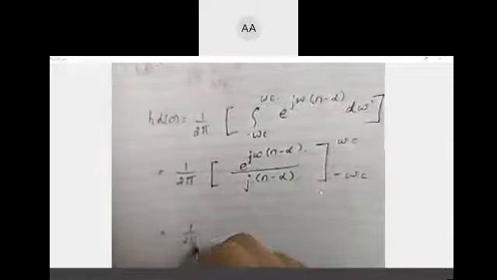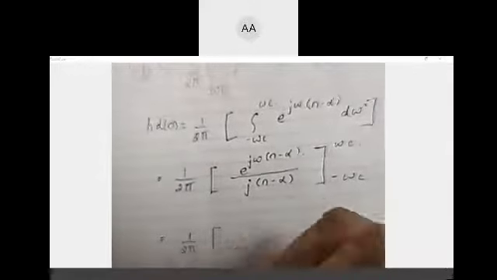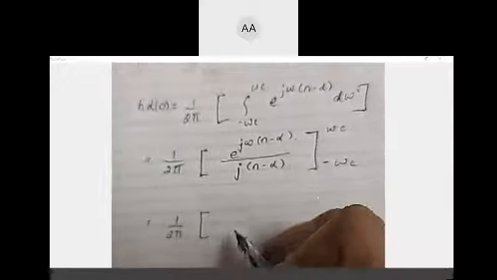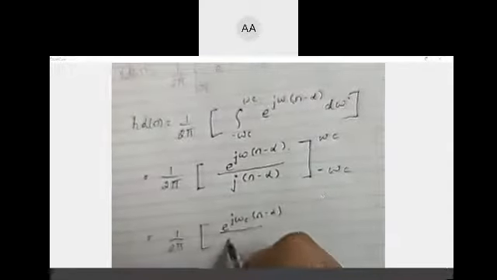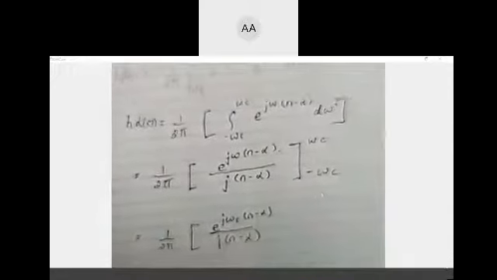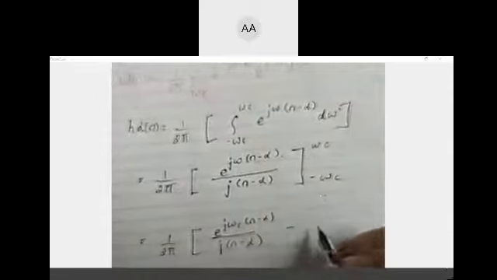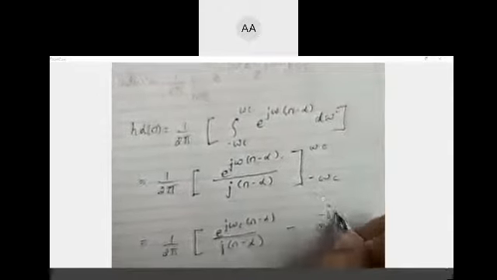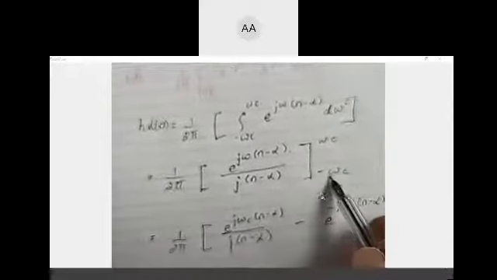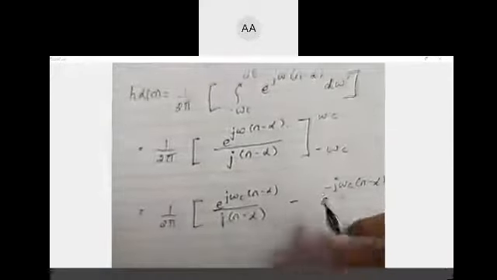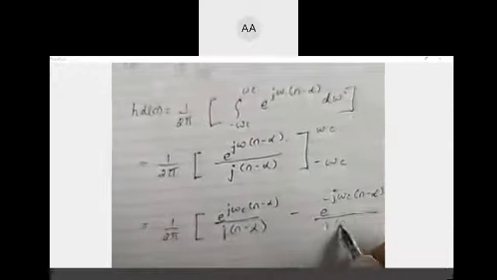So this is 1 by 2 pi. What happens here? This will be e power j omega c (n minus alpha) by j into (n minus alpha), minus e power minus j omega c (n minus alpha), the upper limit minus the lower limit, by j into (n minus alpha).